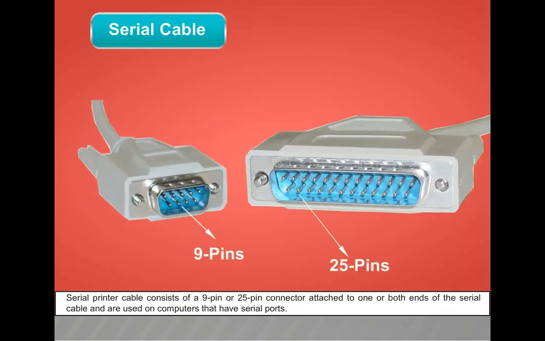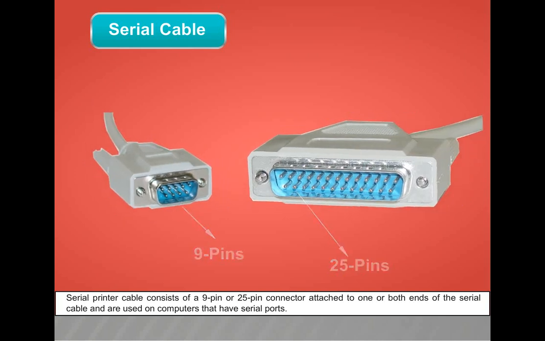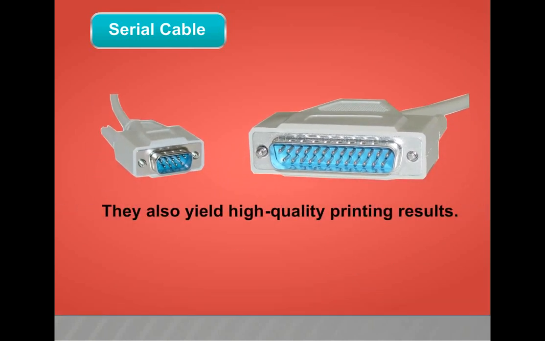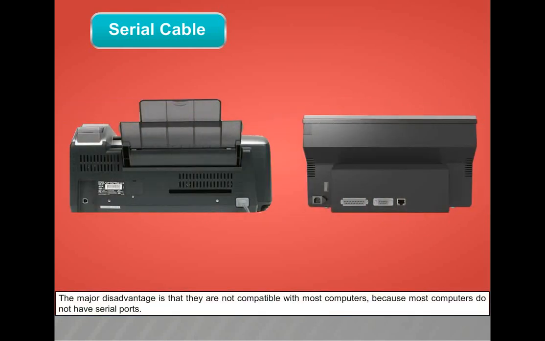Serial printer cable consists of a 9-pin or 25-pin connector attached to one or both ends of the serial cable and are used on computers that have serial ports. They also yield high-quality printing results. The major disadvantage is that they are not compatible with most computers because most computers do not have serial ports.